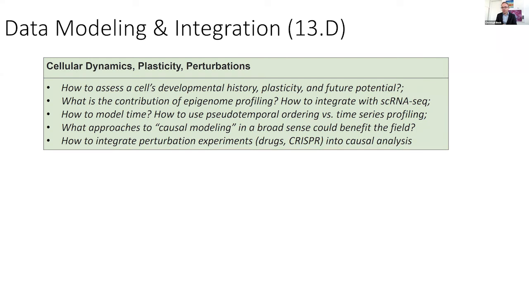Can we infer developmental trajectories? Can we build causal, perhaps even eventually mechanistic models of what is going on in a particular cell type, in a particular organ? And can we validate that in intelligent ways through perturbation screens?